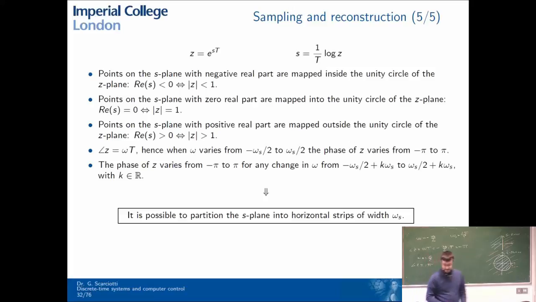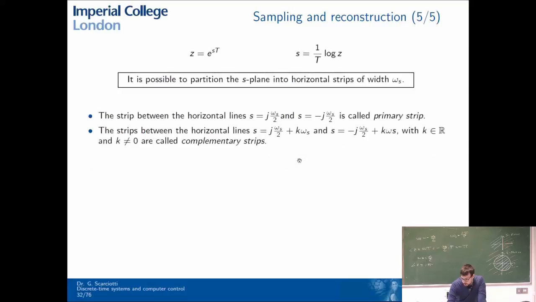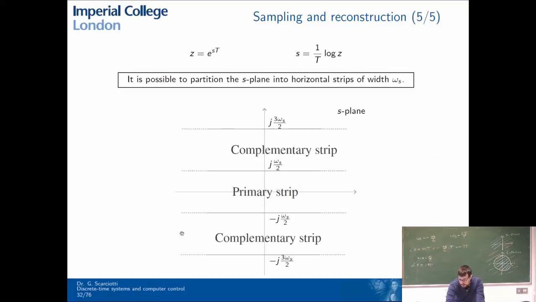Okay? So this implies that we can identify and partition the S-plane into horizontal strips that have width equal to omega s, because they go from minus omega s divided by 2 to plus omega s divided by 2. This is represented in this graph over here. We call the strip of plane that goes from minus j omega s divided by 2 to plus j omega s divided by 2 the primary strip.